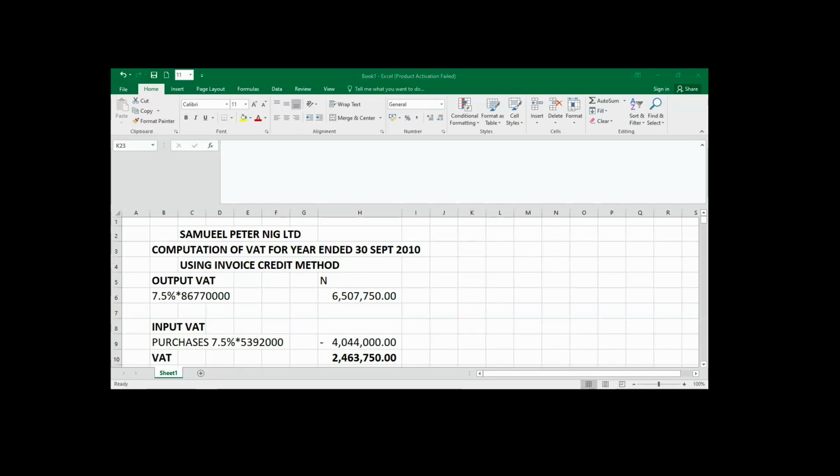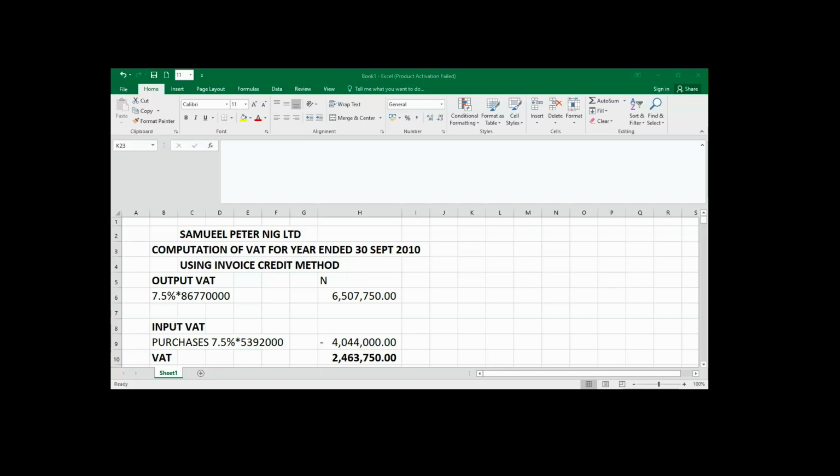Apart from this, you may also have a scenario where we can have inventories. You can have opening and closing inventory. When we have opening and closing inventory, we also need to take note of that. I made mention of it last week.